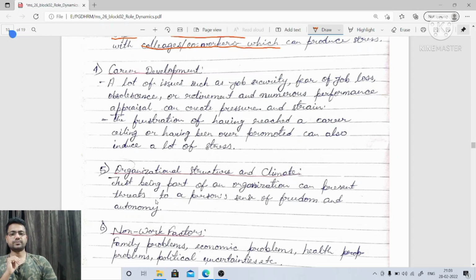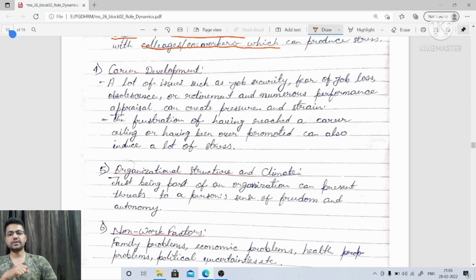If in an organization freedom and autonomy are valued to a very small extent, then the person may feel stressed. If the person wants more freedom and more autonomy, then there will be stress.